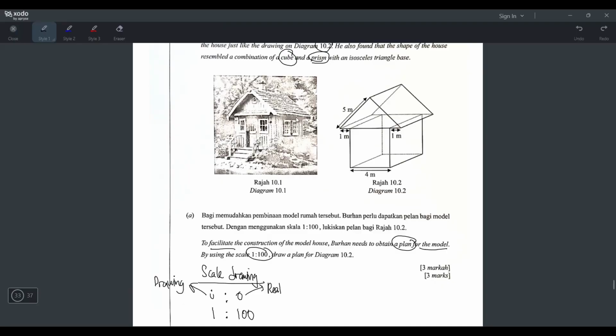Because the house is very big. If you draw the actual size, then you need a very big paper. So of course you want to make the drawing smaller, right? So what this means is the real house is 100 times larger than the drawing. It means the drawing is 100 times smaller. That's why the drawing ratio is 1, the real size ratio is 100.